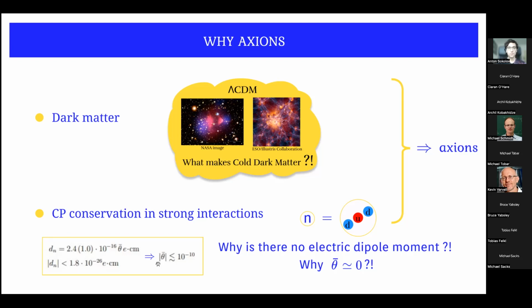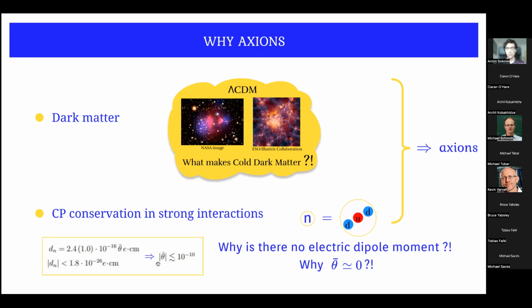So people thought of the Peccei-Quinn mechanism, which can explain this problem, and axions are the necessary ingredient of this Peccei-Quinn mechanism, and they can nicely dynamically drive this theta parameter to 0 in QCD. So these are probably the two major motivations for considering axions.